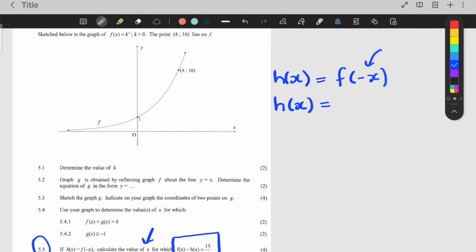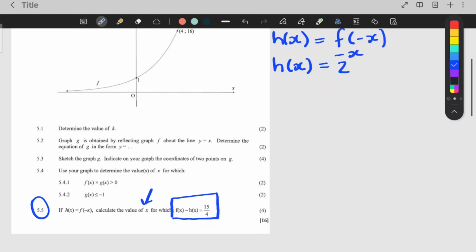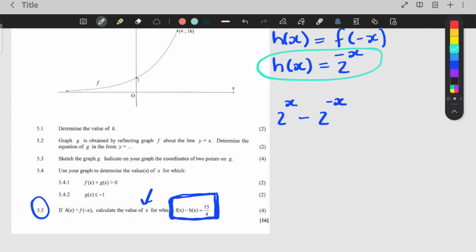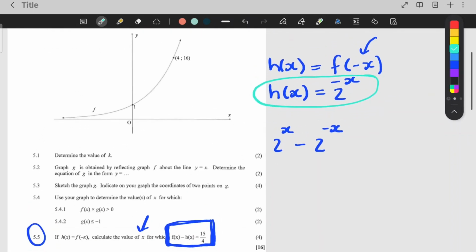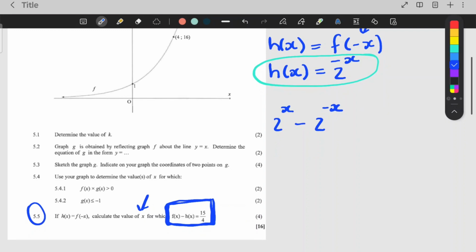At the moment, f is this. Now h of x is just that. Now they say we have to work out this over here. I'm going to write this down: f of x minus h of x. Remember, this is h, and f of x is the function that was given to us. So now they're saying that minus that gives me this.